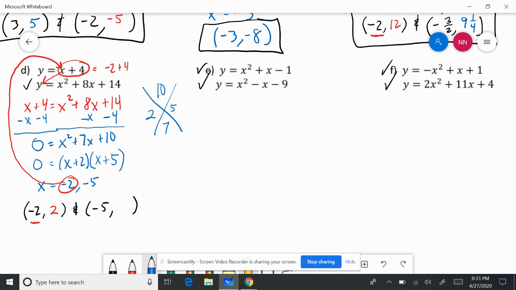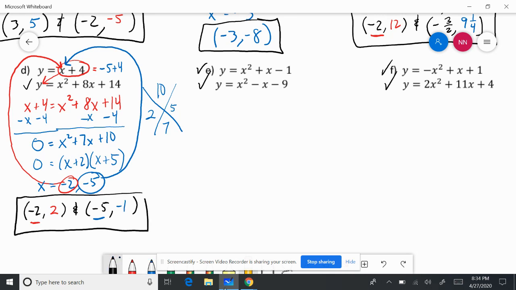Now I'm going to take the -5 and do the same thing. I'm going to plug it in. -5 plus 4 is -1. So those are my two ordered pairs.